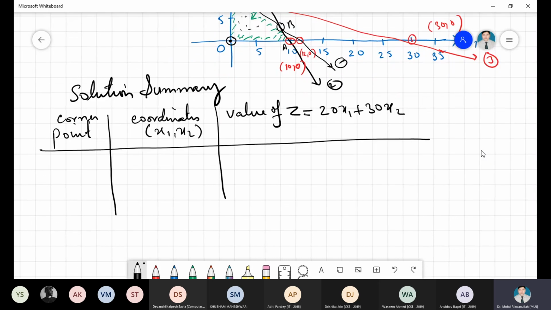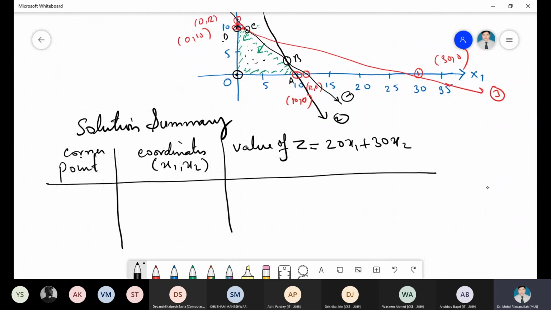So what are the corner points here? Come. The first corner point is O, the origin, and its coordinate is 0, 0. Then the second point is A. What is its coordinate? Who will tell me? What is the coordinate of the corner point A?